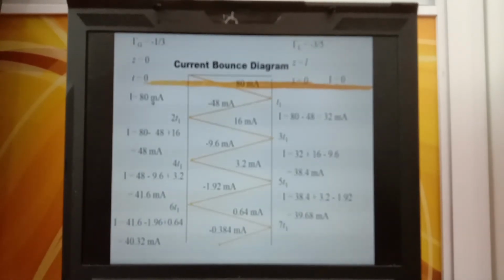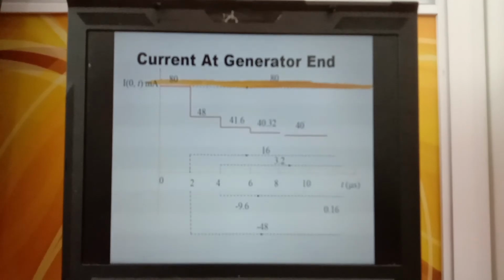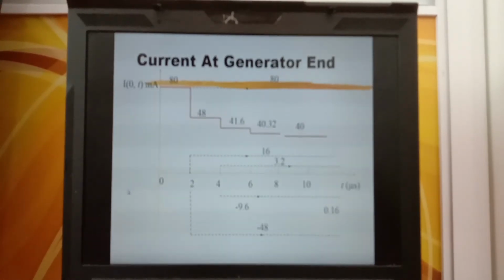So based on this, all this current that we get at the source end, we can plot the waveform of the current. Initially at time t equals 0, we have 80 milliamp.